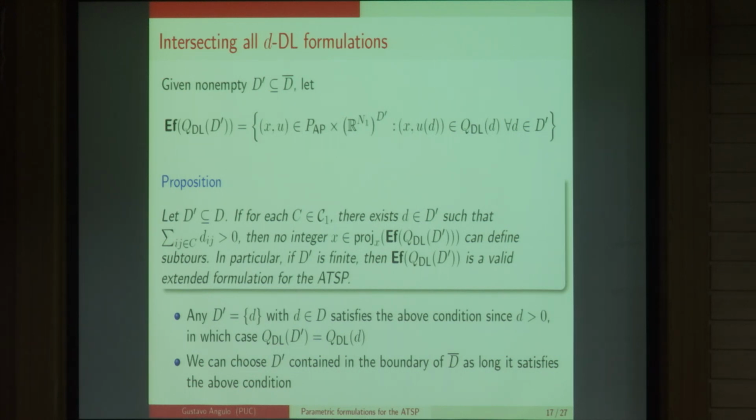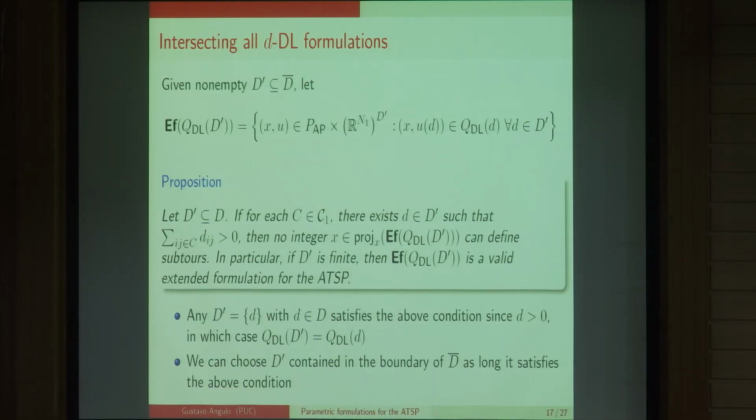The main ingredient to get a valid formulation is that for some element in D prime, the sum over a given cycle has to be positive. We need this to exclude the particular cycle from appearing as a subtour in the solution set.